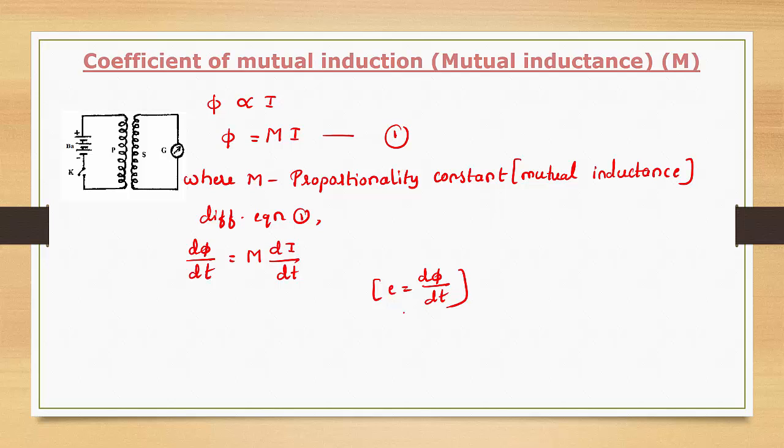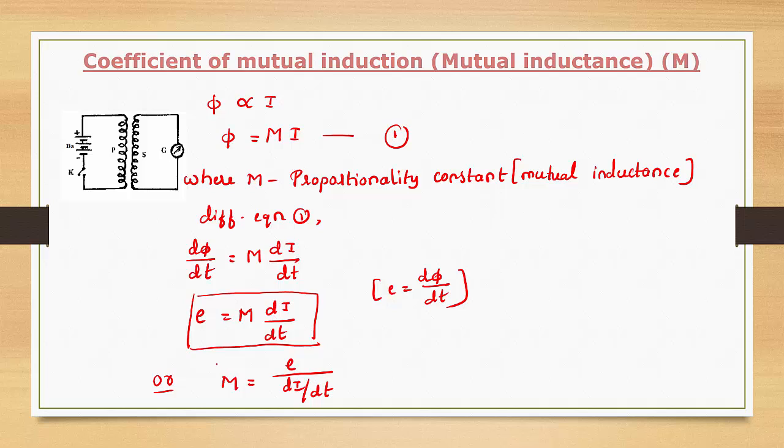So in place of d phi by dt, I can write E equals M dI by dt. So we use this equation for mutual inductance, or we can write M equals E divided by dI by dt. This is the equation for mutual inductance or coefficient of mutual induction.